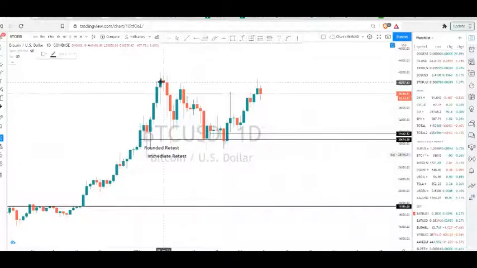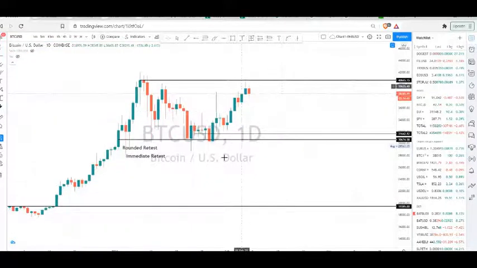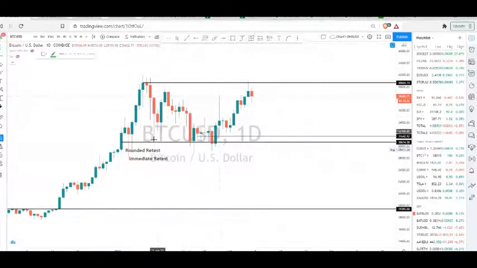Okay, we've even tested 40,000. Yeah, we tested 40,000 yesterday. But if you look at this level, it has been tested many times. It was tested here, tested here, tested here. Many times we've tested it. So going from the principle, this level is becoming weaker.